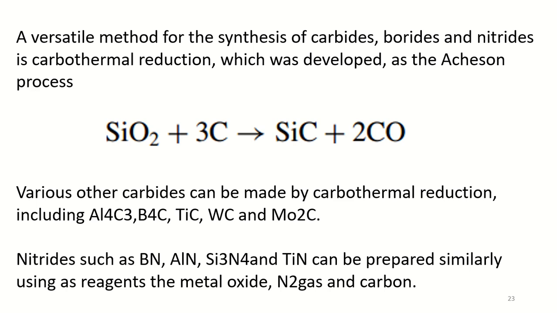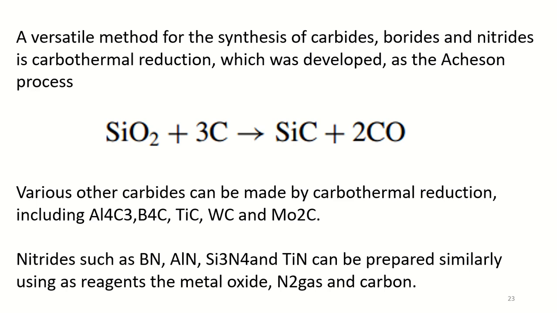For example, a versatile method for the synthesis of carbides, borides, and nitrides is carbothermal reduction, which was developed by the Acheson process to fabricate silicon carbide SiC, an important ceramic used as an abrasive, carborundum, and as furnace heating elements.